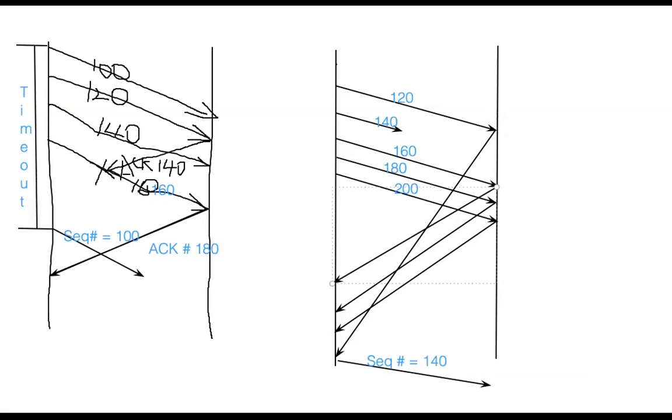So this guy will have ACK 140, for this line. And this line is also 140, and 140 for the remaining 2 lines.